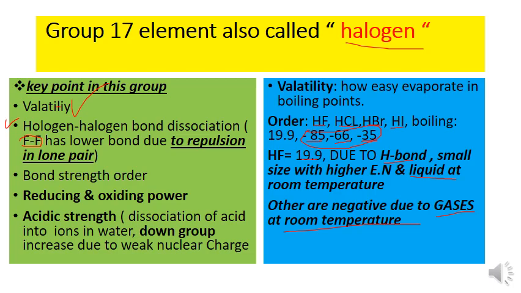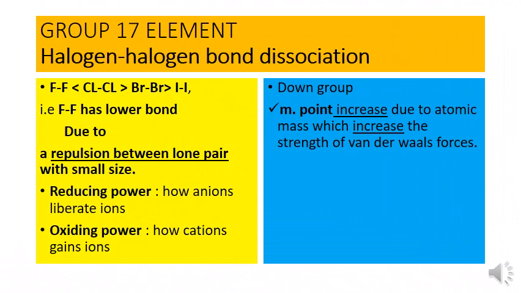Let us continue. Also, there is the order of halogen bond dissociation. Look very clearly here. Fluorine has a lower bond dissociation energy due to repulsion between lone pairs and its small size. Reducing power is how the anion liberates ions in water.